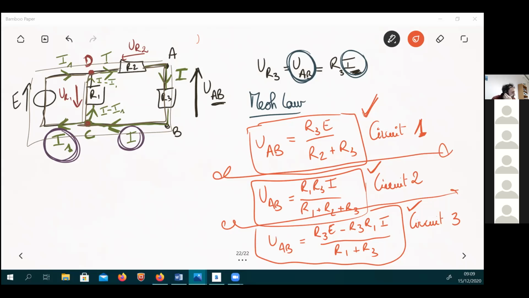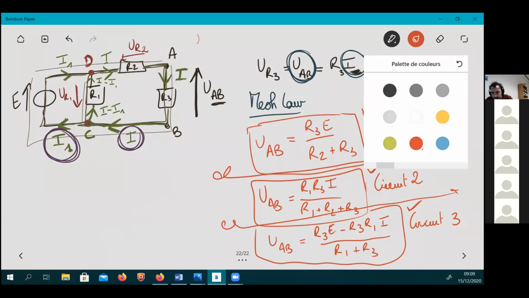Excuse me. I don't understand the difference between, for example, in circuit 1 and in circuit 2, E and I. It's not the same thing. In circuit 1, you have a voltage generator. In circuit 2, you have a current generator. So it's a bit different.